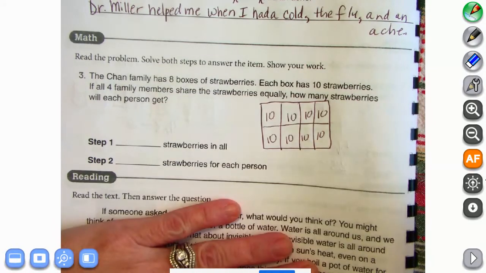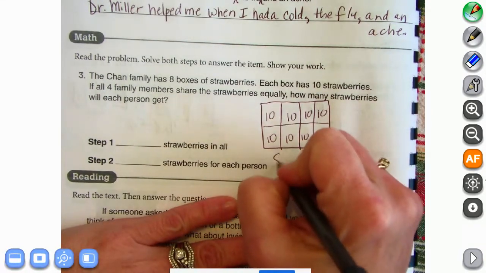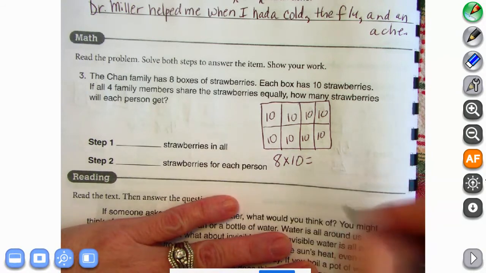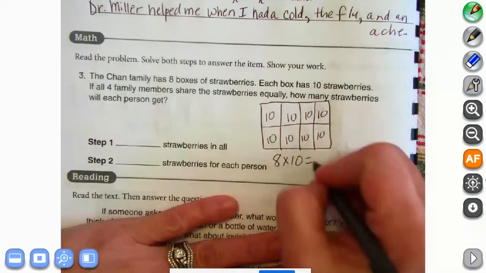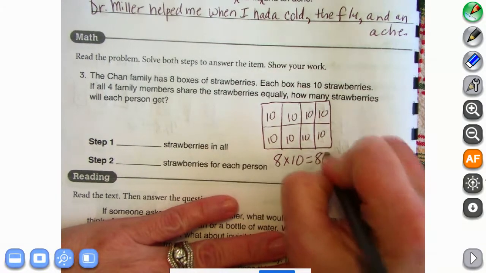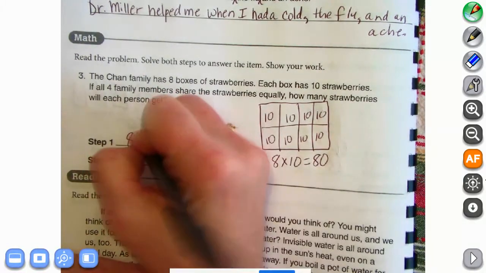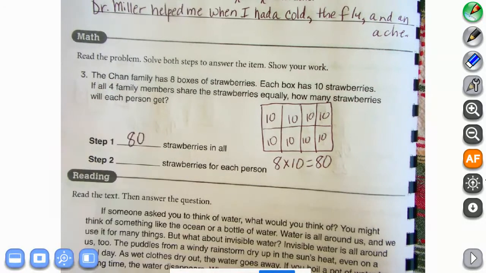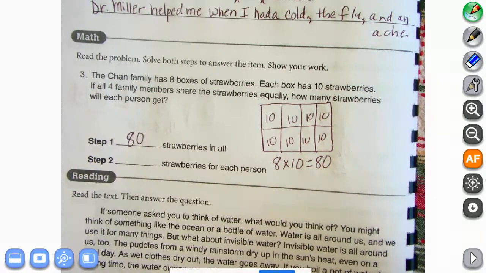So we basically have 8 groups of 10. So how many strawberries do we have all together? 8 groups of 10 is 80.